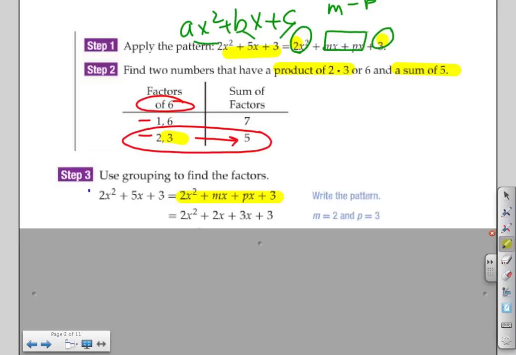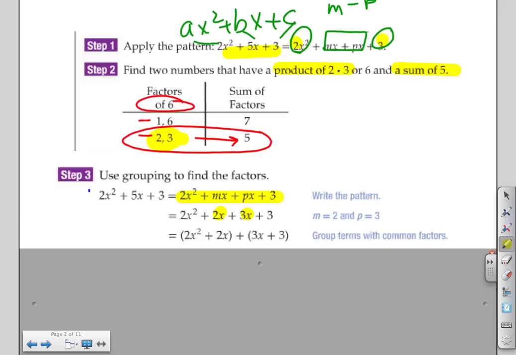We take our two coefficients and put them in for the 2x plus 3x. Now we group it: 2x squared plus 2x, and 3x plus 3.